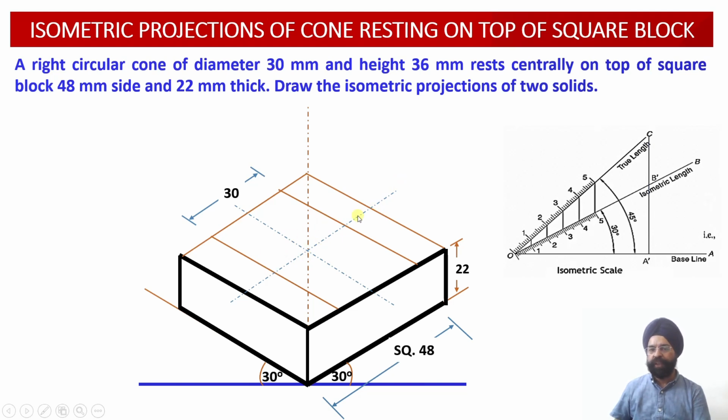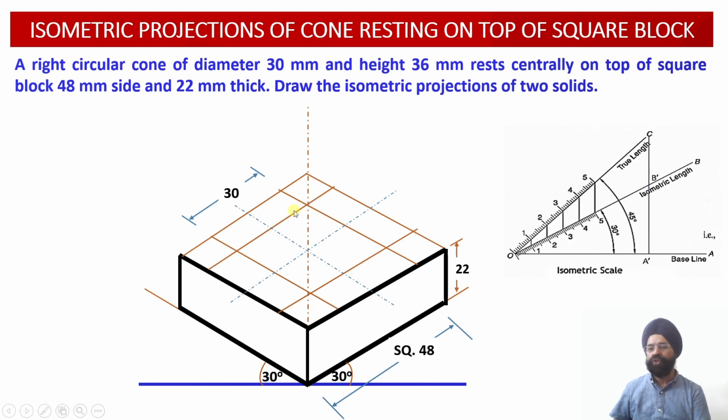Now with respect to this axis, once again I am going to draw two more projector lines which will again have an offset of 15 millimeter from this axis line or this center line. So once again the distance between these two projector lines will be how much? 30 millimeter.